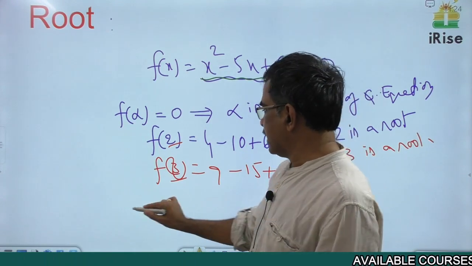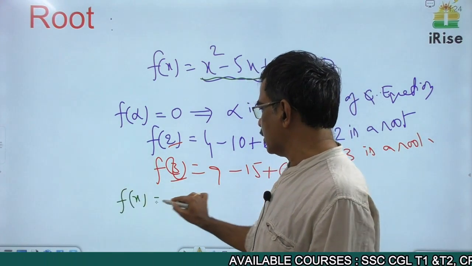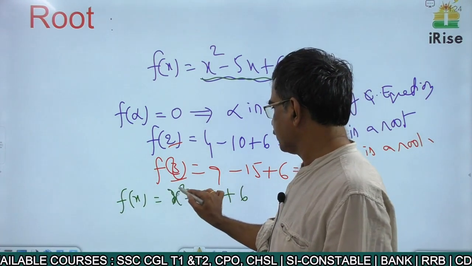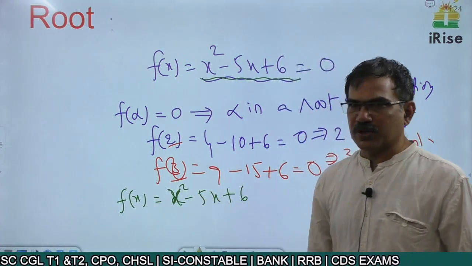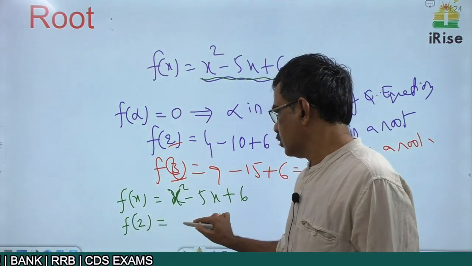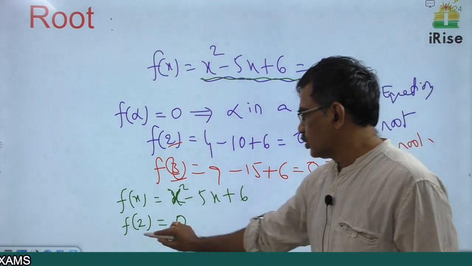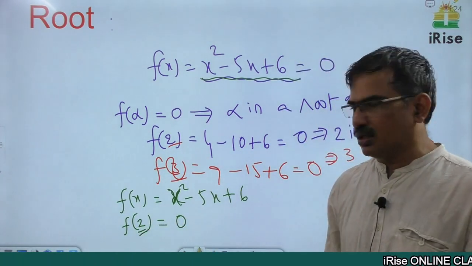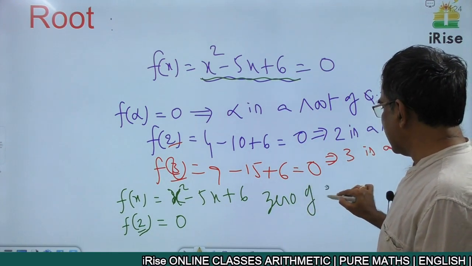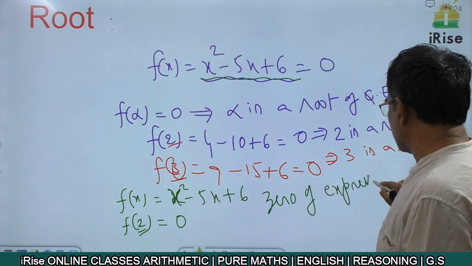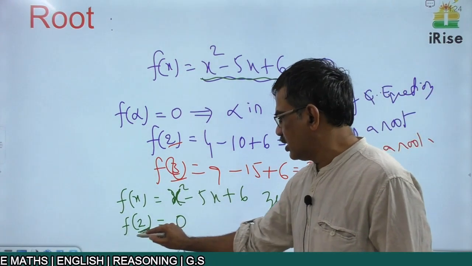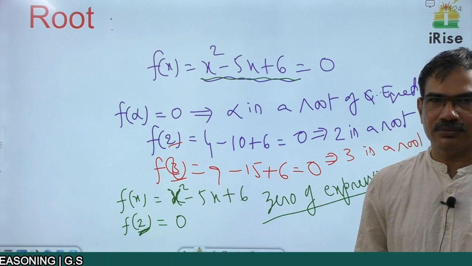But if it is an expression, for example, f of x is equal to x square minus 5x plus 6, this is an expression. If you put 2 here, the value is 0. Here 2 is called a zero of the quadratic expression. If it is an expression, this is called a zero of an expression.